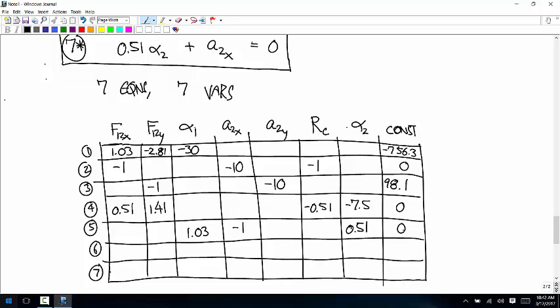Equation 6, alpha 1, we have negative 2.81. a2y, we have negative 1. Alpha 2, we have 1.41. All the rest are zeros. And then the last equation, a2x, we have 1. Alpha 2, we have 0.51, and all the rest are zeros.